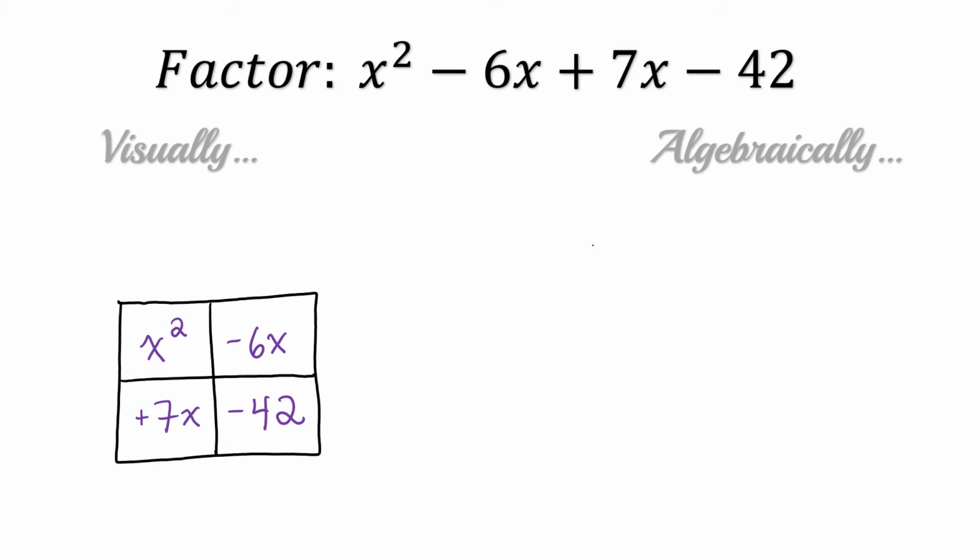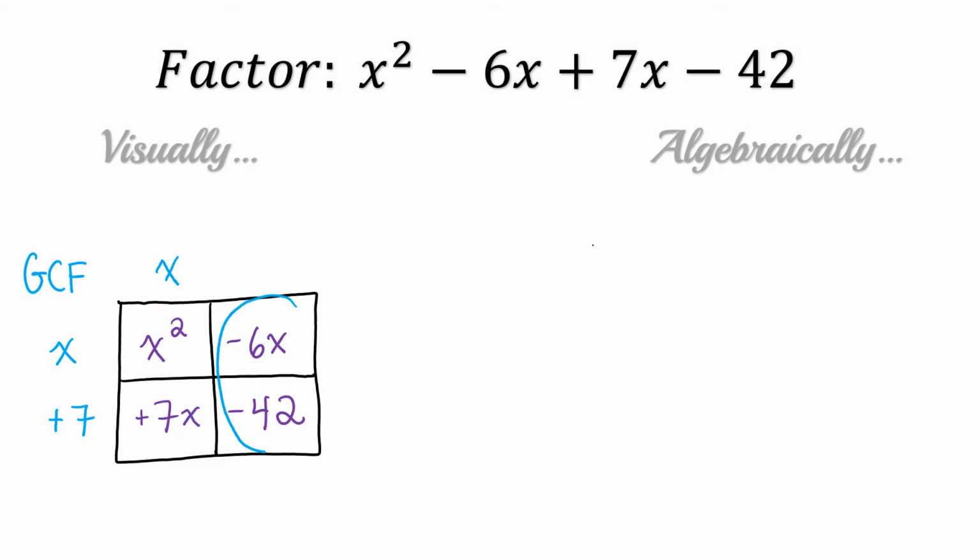Then we'll factor the greatest common factor from each row and each column. The greatest common factor of x squared and negative 6x is x. The greatest common factor between positive 7x and negative 42 is 7. The greatest common factor between x squared and 7x is x.